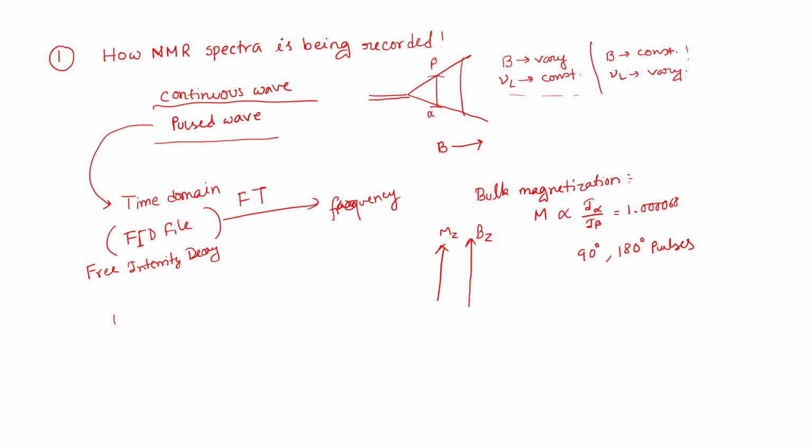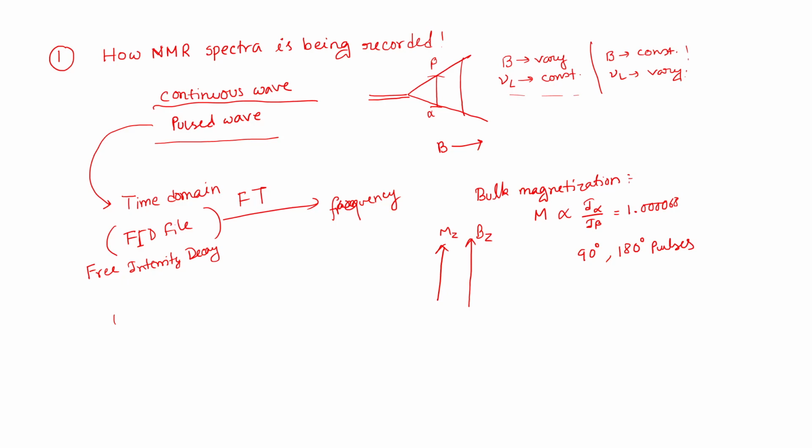You can understand that along the y-axis your radio frequency wave is applied in such a way that the magnetic field generated from it will orient along the y-axis. That is B1, and due to the presence of B1, the magnetization comes from Z, precesses over B1, and comes to the x-axis where your detector is.